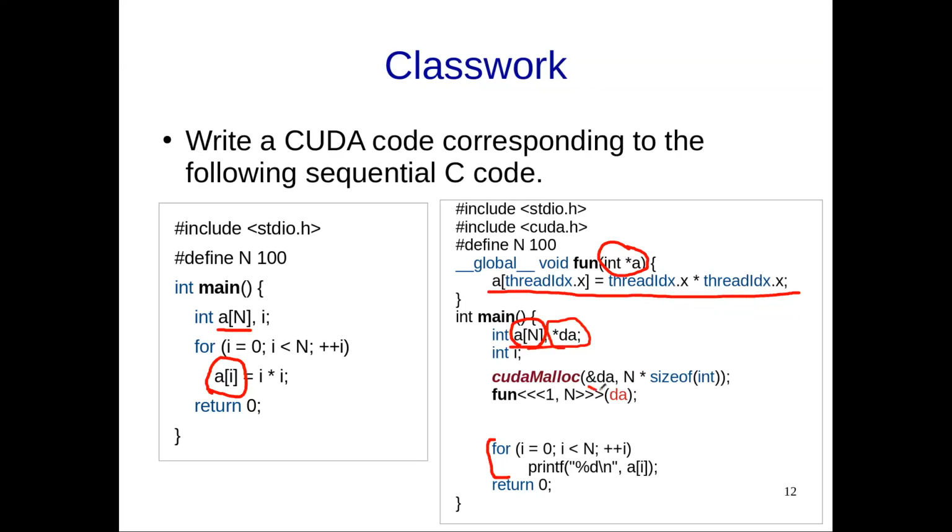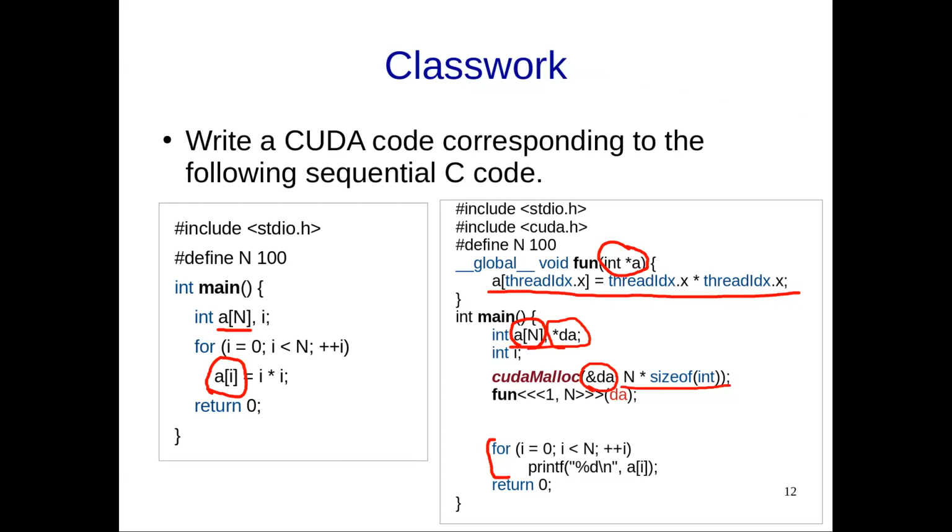So ampersand of DA I pass as a parameter, and therefore DA is going to now start pointing to some memory which is allocated on the GPU. How much memory? That is defined by this n into size of int. That is the number of bytes that I allocate, similar to malloc. Just that in the case of malloc, I would have written DA equal to malloc n into size of int.